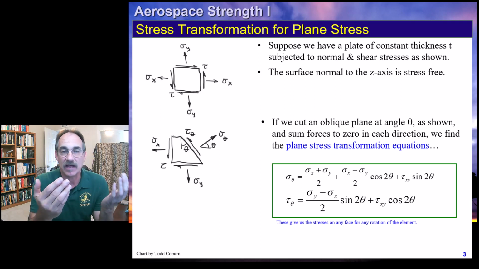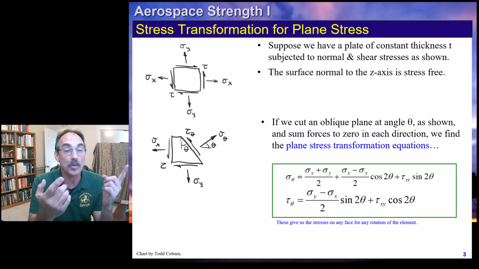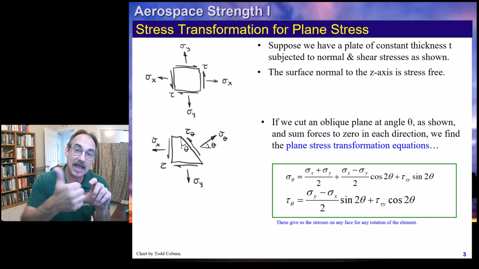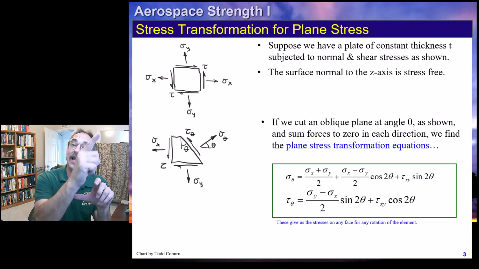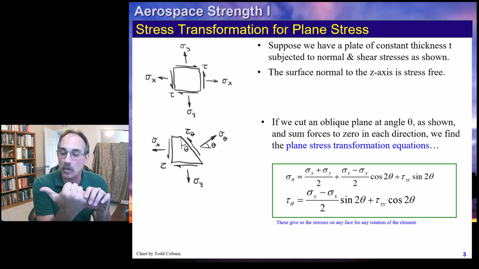We can develop from trig the actual equations in a manner analogous to what we did for oblique stresses, but now we have three stresses to deal with. We've got sigma x, which is changing. In our oblique stress discussion in the last slide, all we had to deal with was sigma x and the changing face dimensions.